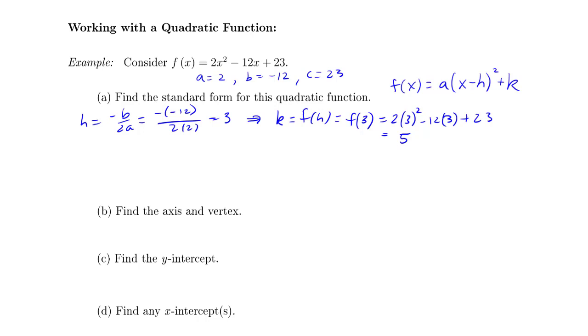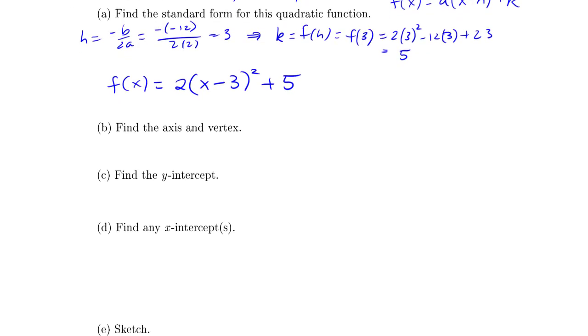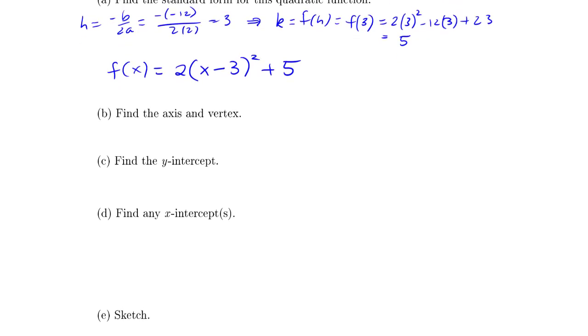And then I can just plug those numbers in. So a was 2, and then x minus h, so x minus 3 squared, plus k is 5. Okay, so there, and this will allow me to get the next piece of information very easily: the axis and the vertex.